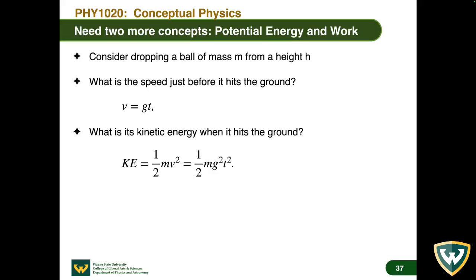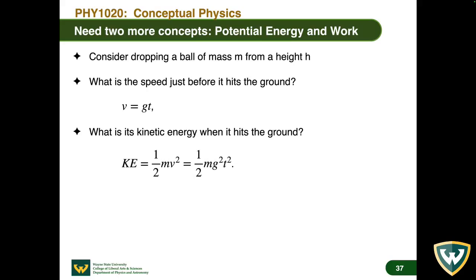And we know that this ball will be accelerating due to the gravitational acceleration, which is g, 9.8 meters per second squared. So after a certain time t, the ball will have a velocity v, which is g times t. g is the acceleration due to gravity, t is the time of fall.